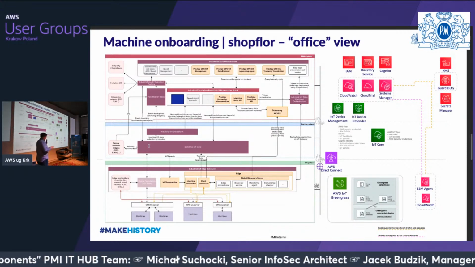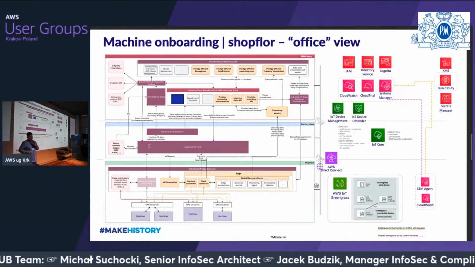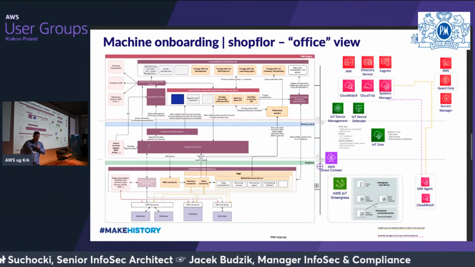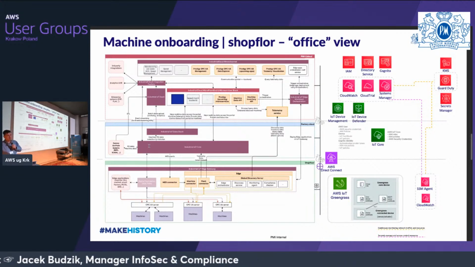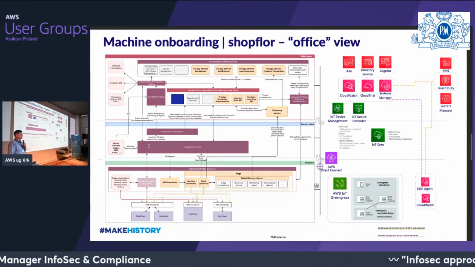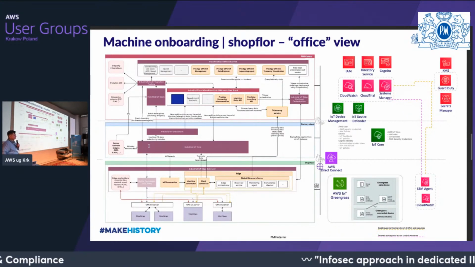The crucial role right now in machine onboarding is AWS IoT Greengrass. This is a dedicated, let's call it appliance, which allows us to take the cloud to the edge.